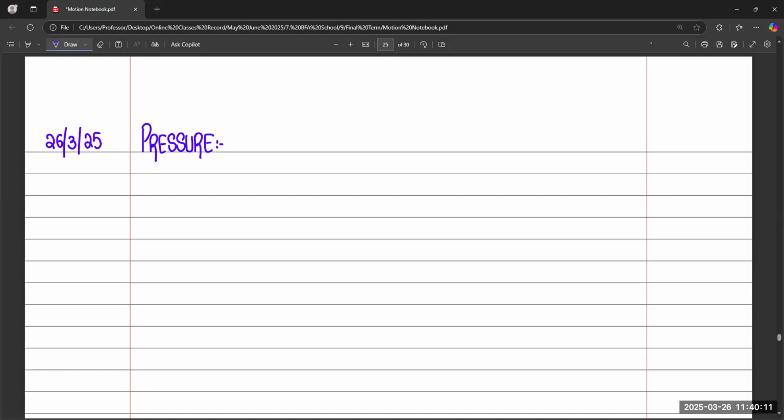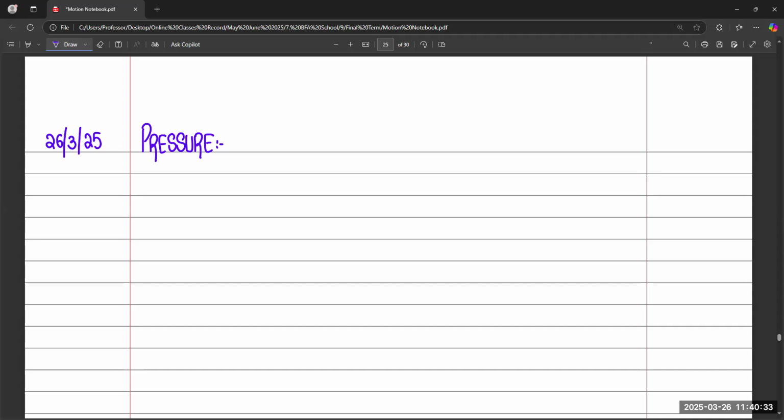If we talk about the topic of pressure, we will discuss pressure in solids, pressure in liquids, and pressure in gases. So there are three different states, and we will discuss pressure in the three different states also.